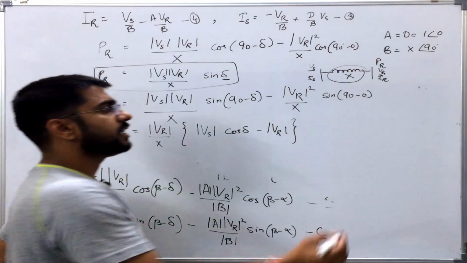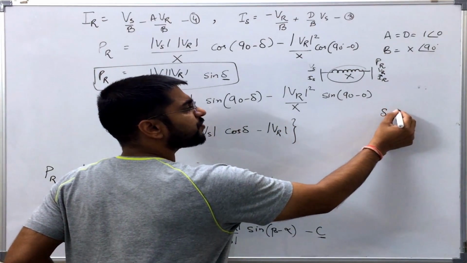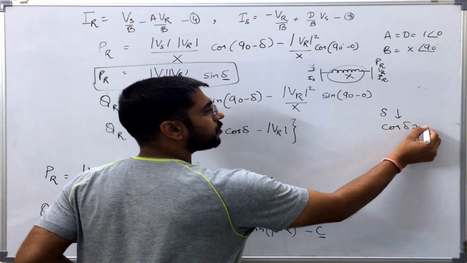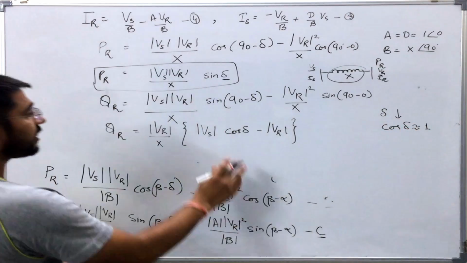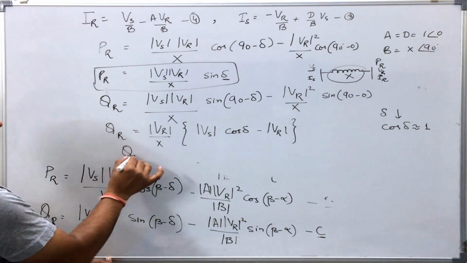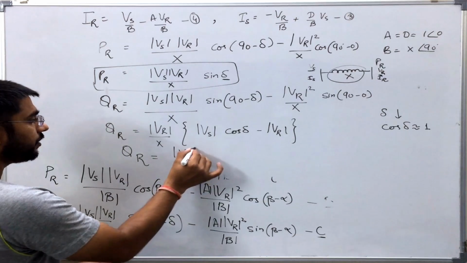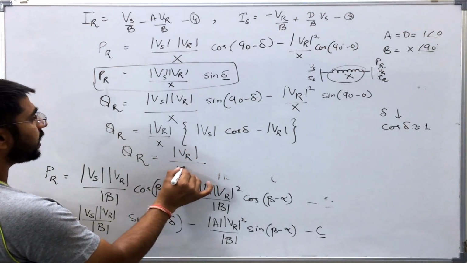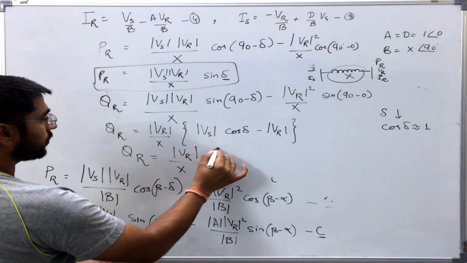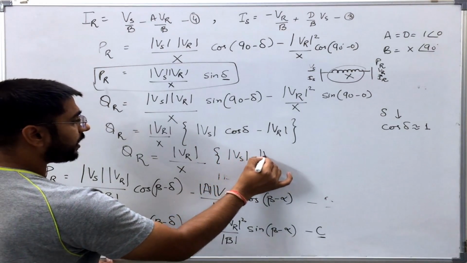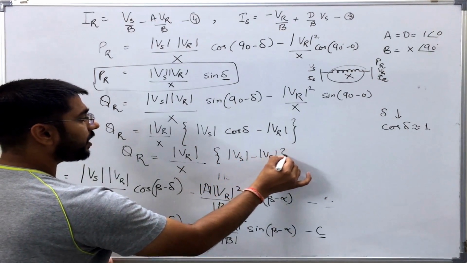Now usually the value of delta is very small, so cos delta will be approximately equal to 1. So the receiving end reactive power is nothing but VR over X into (VS minus VR).